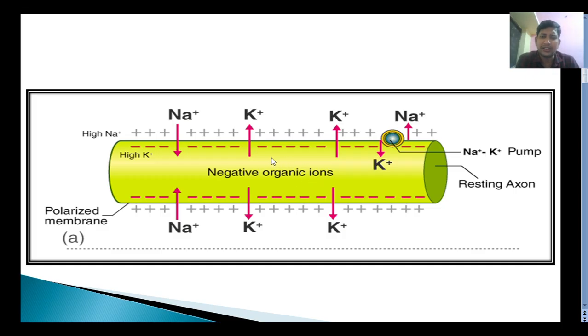Hence the outer region is called ECF, extracellular fluid, whereas the cytoplasm present in the axon is called axoplasm. So the axoplasm is negatively charged, whereas the ECF is positively charged. This is called the polarized state or resting state of the neuron.